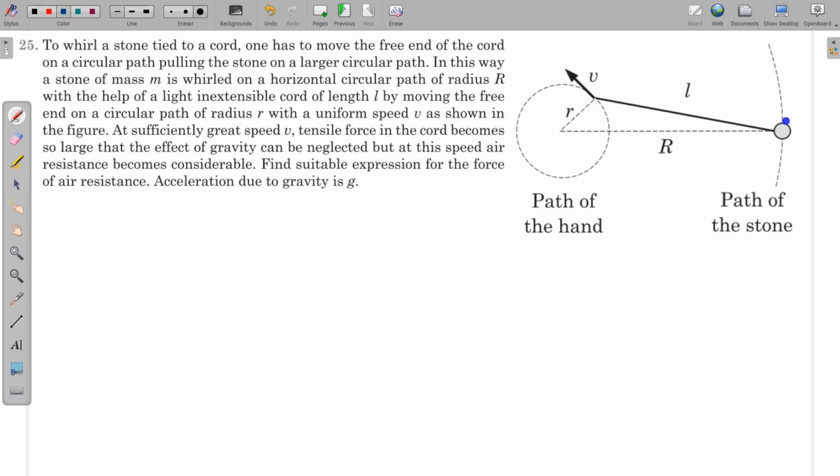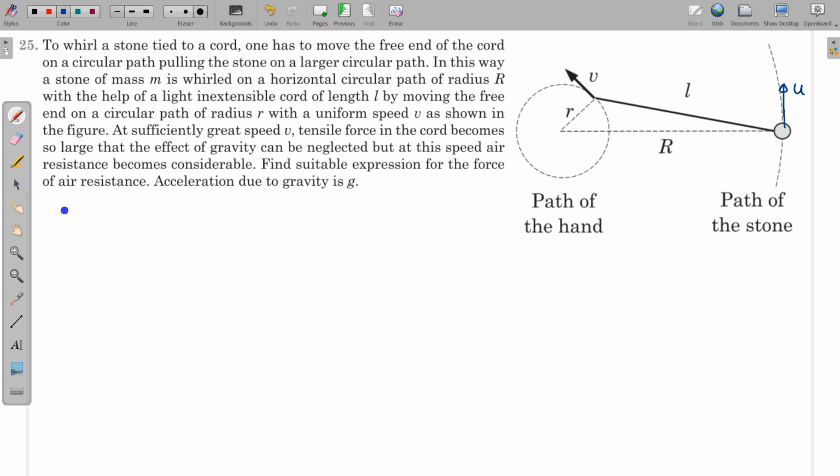So I am assuming this particle is moving with some velocity. Let's say this velocity is u, and obviously the time taken for one revolution of this hand will be equal to the time taken for one revolution of this stone. They will simultaneously complete their one revolution, so the angular velocity for both should be equal.